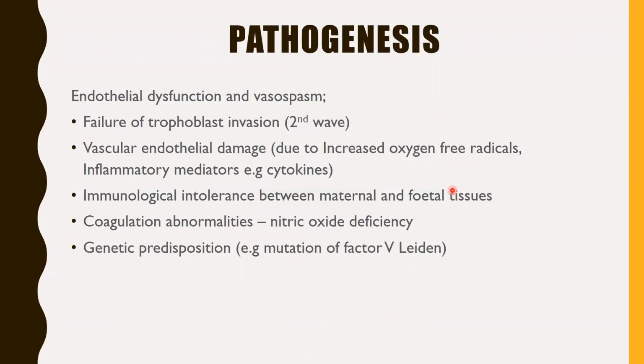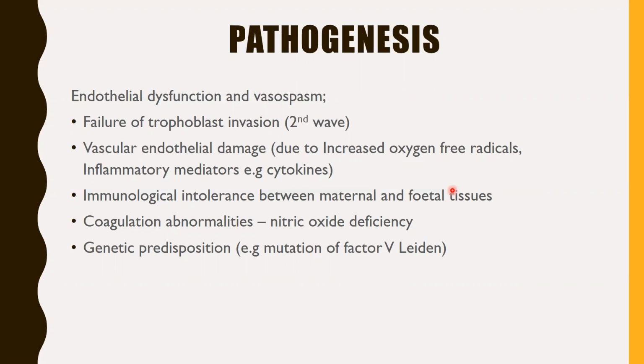Coagulation abnormalities also will cause nitric oxide to be deficient. And we should realize that nitric oxide and prostaglandin I2 are synthesized in the vascular lining. And so if it's damaged, it's not going to be able to produce that.